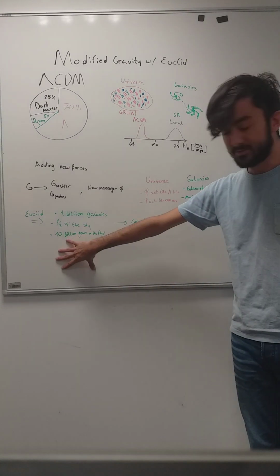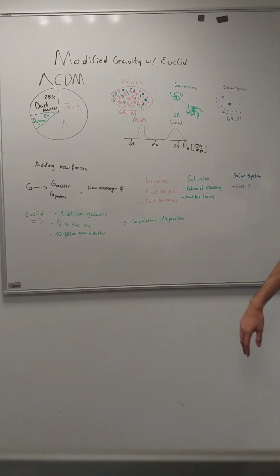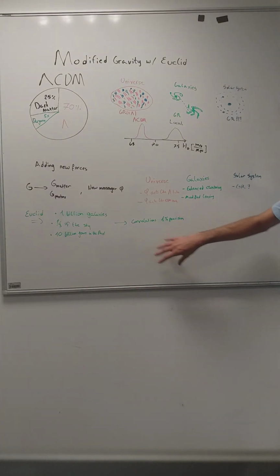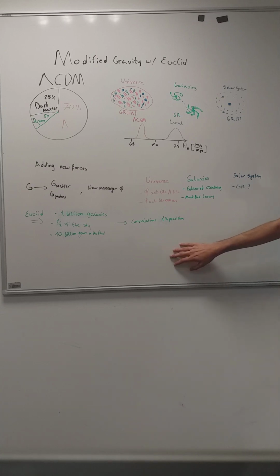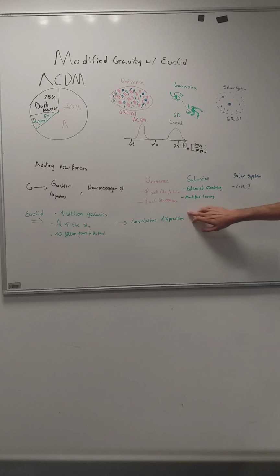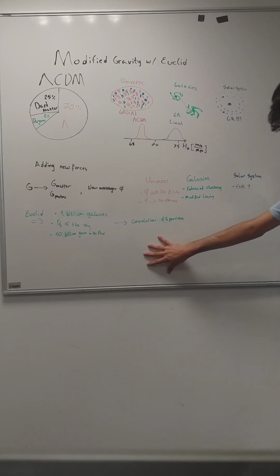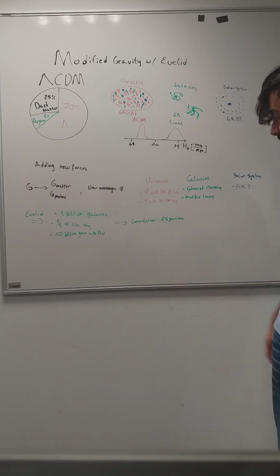And with all these new data and the precision of the data, we are going to be able to measure the correlation between galaxy positions and shapes up to 1% precision. This is going to help us understand the modifications of gravity that might or might not be present in the current universe.